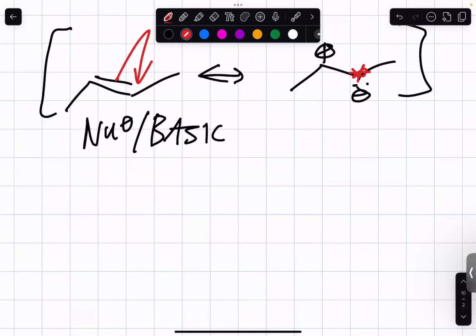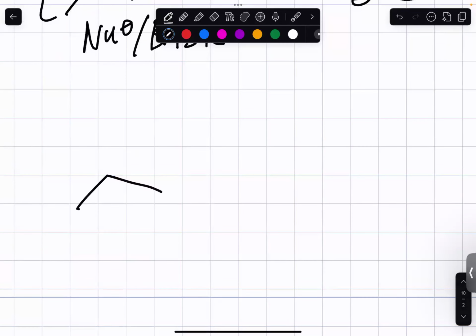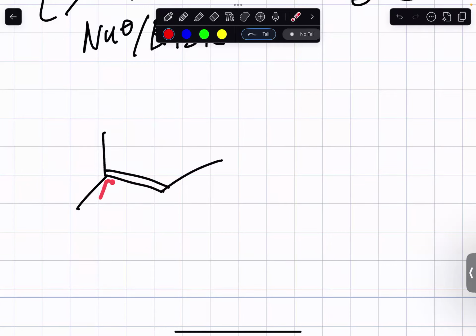So the carbons of the alkene, either side, can be the nucleophile. But let me ask you this, Tanya. If I have this alkene right here, which carbon do you think will have a more stable carbocation, A or B? A, right, because it's more substituted.